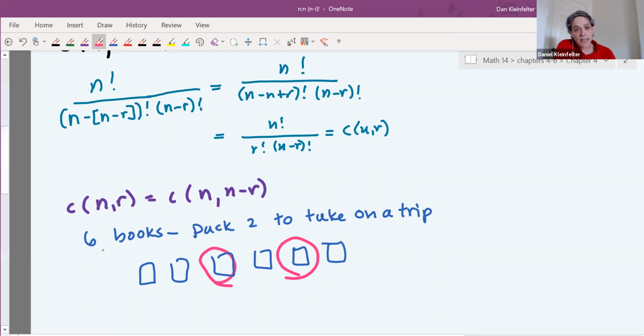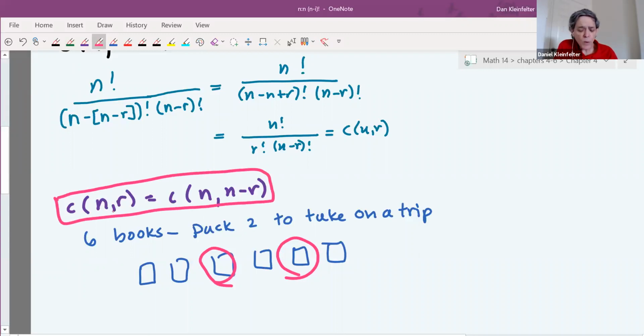The N is 6, the R here is 2, and 6 minus 2 is 4. So when you're choosing the 2 out of the 6, you're also simultaneously choosing the 4 that are not going on the trip with you. And that is basically what this statement right here says. When you're choosing R items out of N, you're also simultaneously choosing the ones that are left over as well.